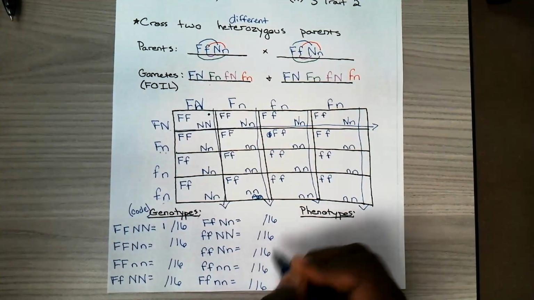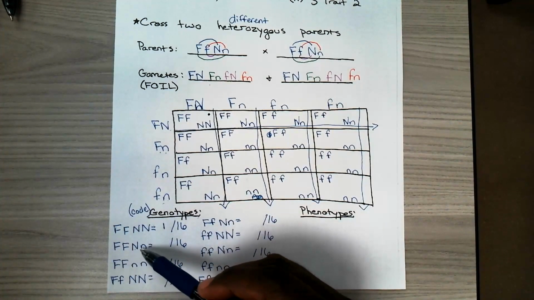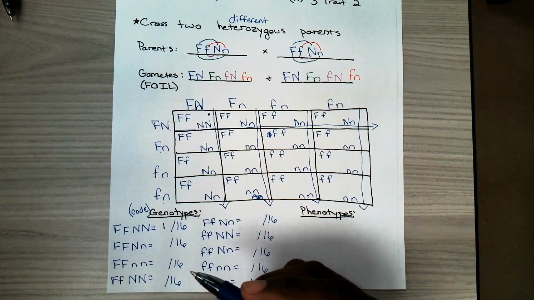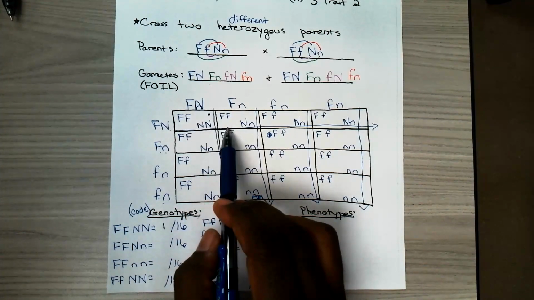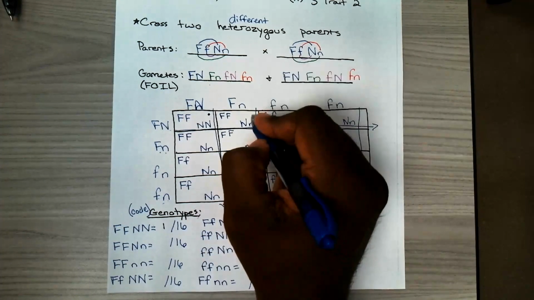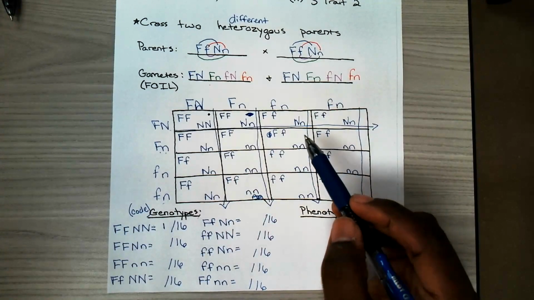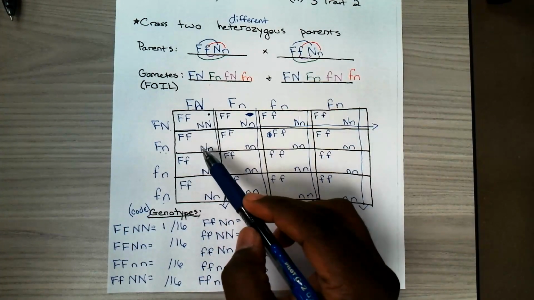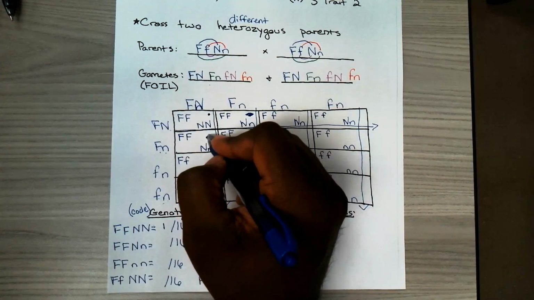So every other genotype, because we know we have 16 possible choices, it's going to be out of 16. Okay, so let's look at big F, big N, little n. How many of those do we have? I'm just going to do a little shade. And then again, I'm looking for big F, big N, little n, and another little shade there.